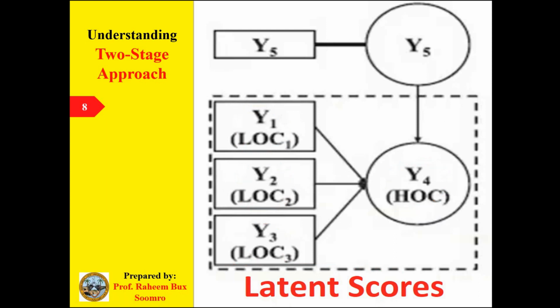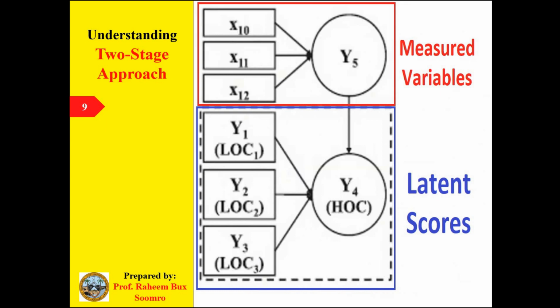In the second case, you are looking at the disjoint approach. Here the disjoint approach is a combination of the measured variable and the latent variable. In the latent variable part, this is the lower order construct where only one item is there, and it's the same situation here, and this is the higher order construct.